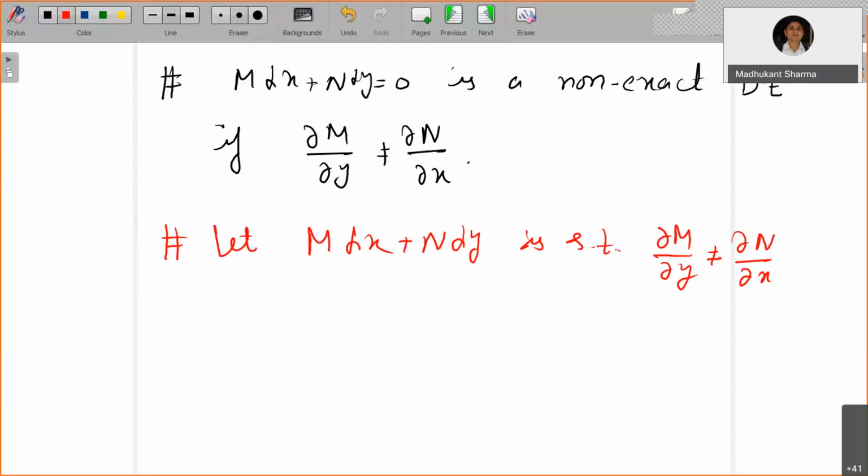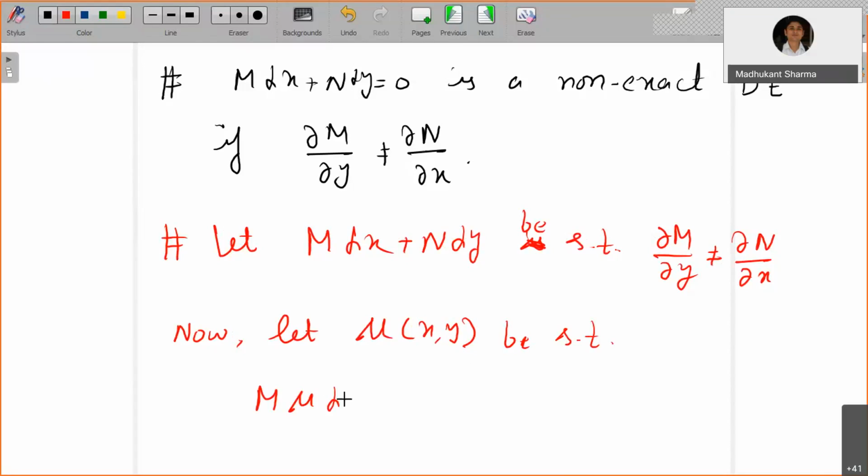Now let mu, again using the same notation, a function of x and y, be such that M times mu dx plus N times mu dy equals 0 becomes exact.